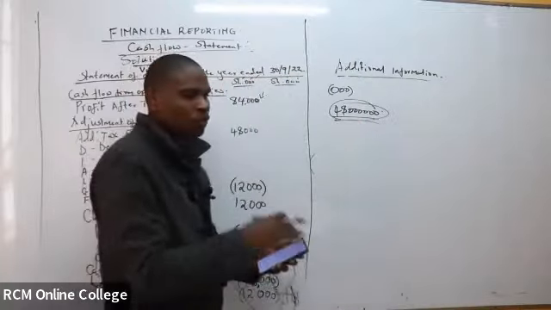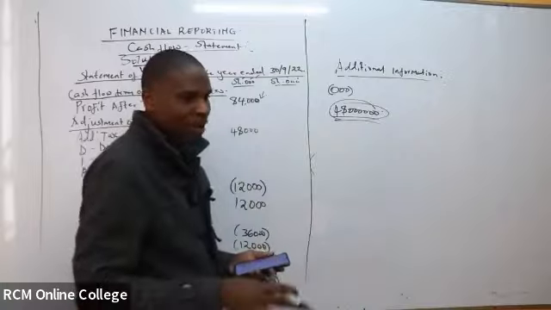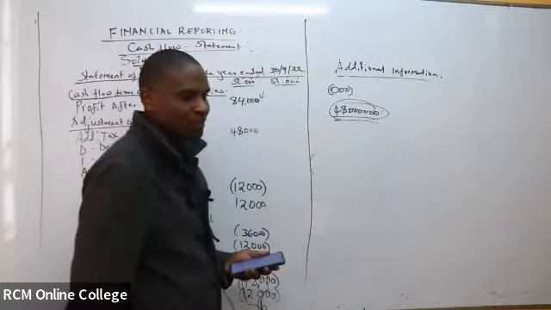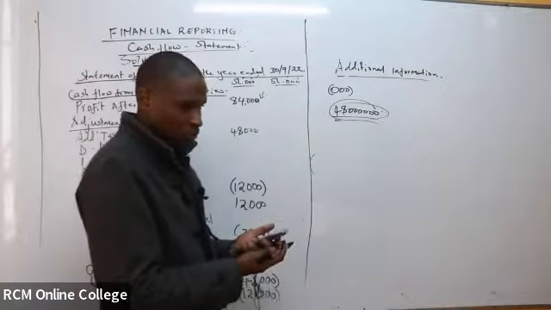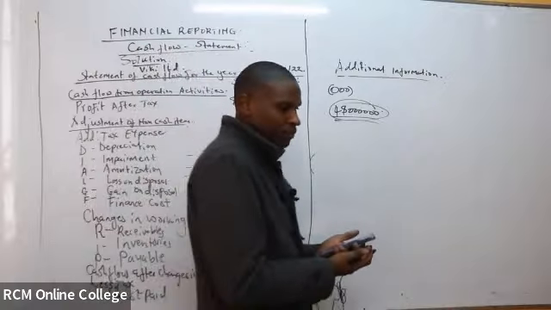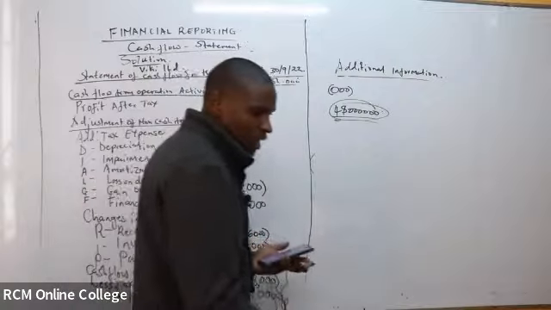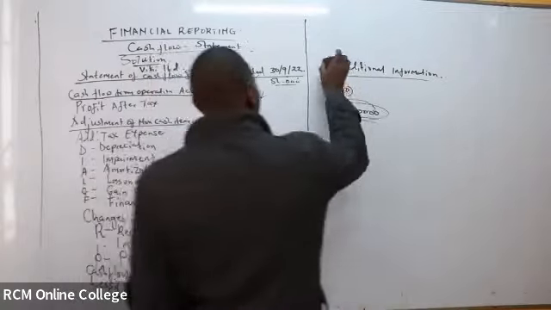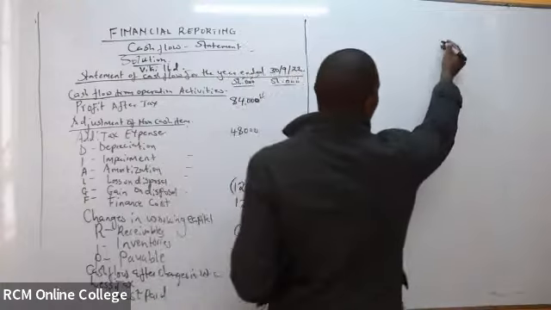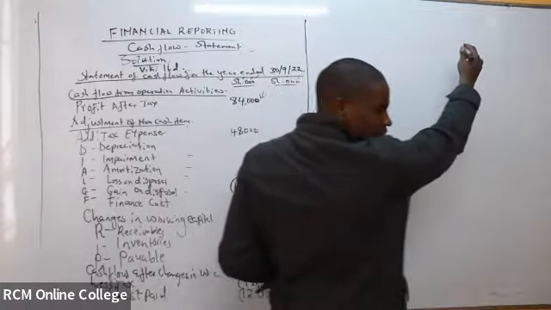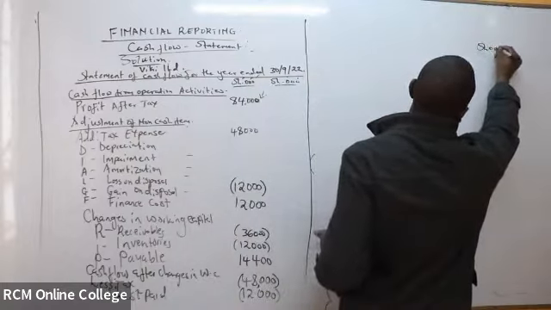In additional information, values are complete. The figures are complete. We have not reduced the number of zeros. Philip. Now, class, I want us to move to the next part. Remember, the figures here are in 1,000.